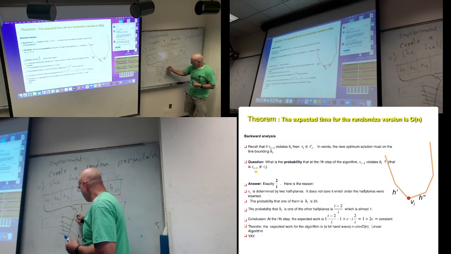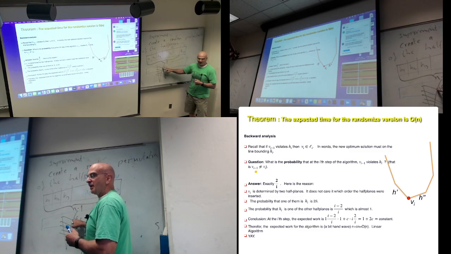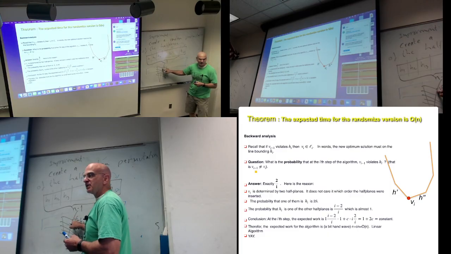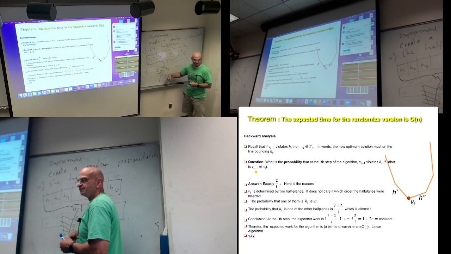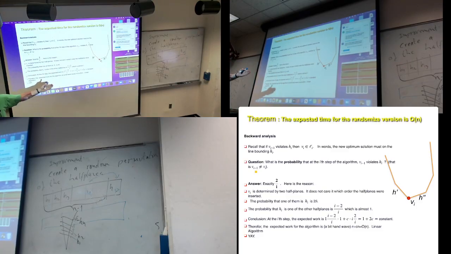Then this will be v2, this point, and whatever h it is, I'm cool with this solution. It doesn't violate me. Nor this one, nor this one, nor this one. So the running time will be linear. So that's the best case. n squared will be the worst case.